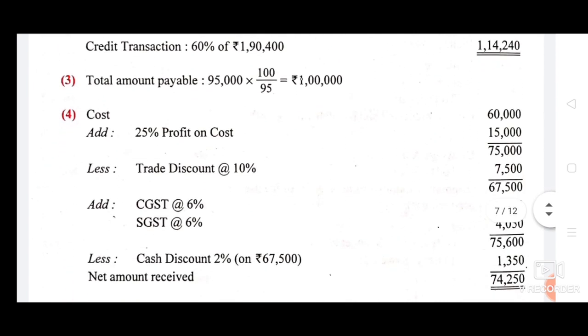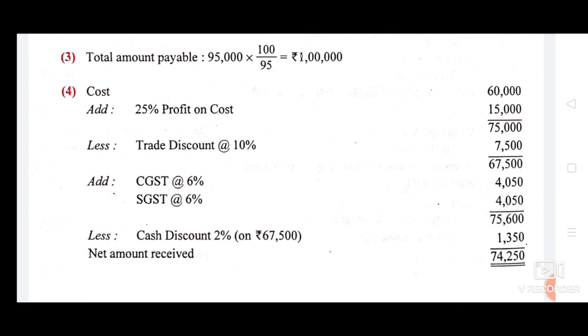Now the next transaction. See the next transaction. Paid to Gauri Shankar rupees 95,000 by check after deducting 5% cash discount. So they told us that on the amount Gauri Shankar has given 5% cash discount. 95,000 is the amount after deducting 5% cash discount.